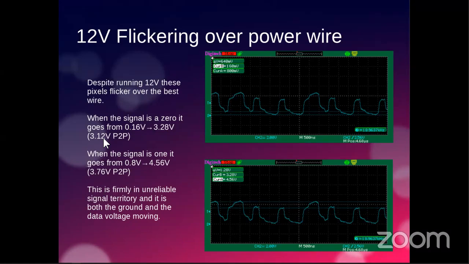With 5-volt pixels, the VDD drops as the voltage drops down the line. Whereas 12-volt pixels, because they're either regulated or they're using a resistive dropper, tend to keep the voltage much higher. And so consequently, as the signal voltage changes, the chances that they're going to hit that threshold of 0.7 times VDD becomes a lot worse.